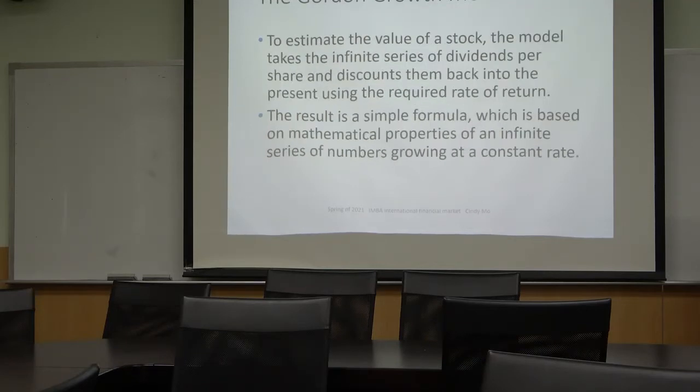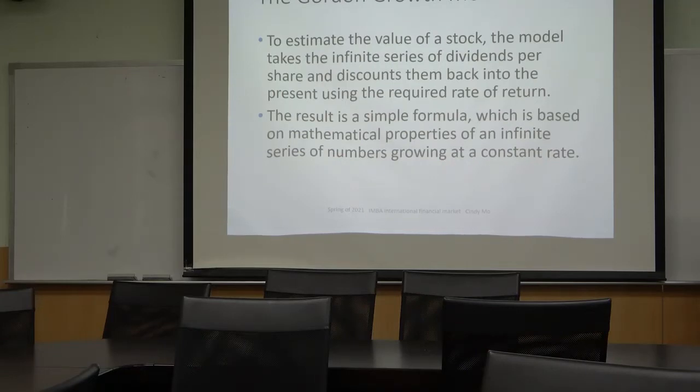To estimate the value of a stock, the model takes the infinite series of dividends per share and discounts them back into the present using the required rate of return, which is KE. The result is a simple formula, which is based on the mathematical properties of an infinite series of numbers growing at a constant rate.